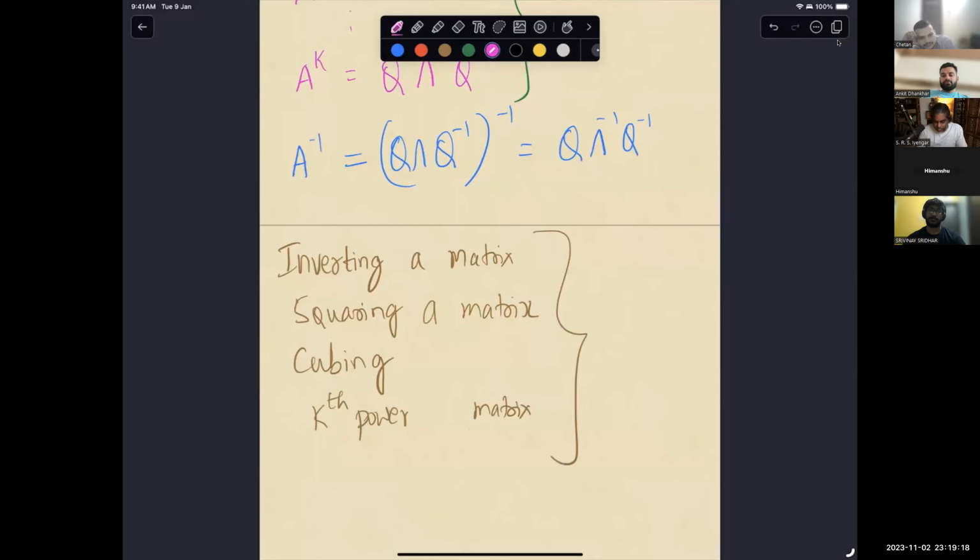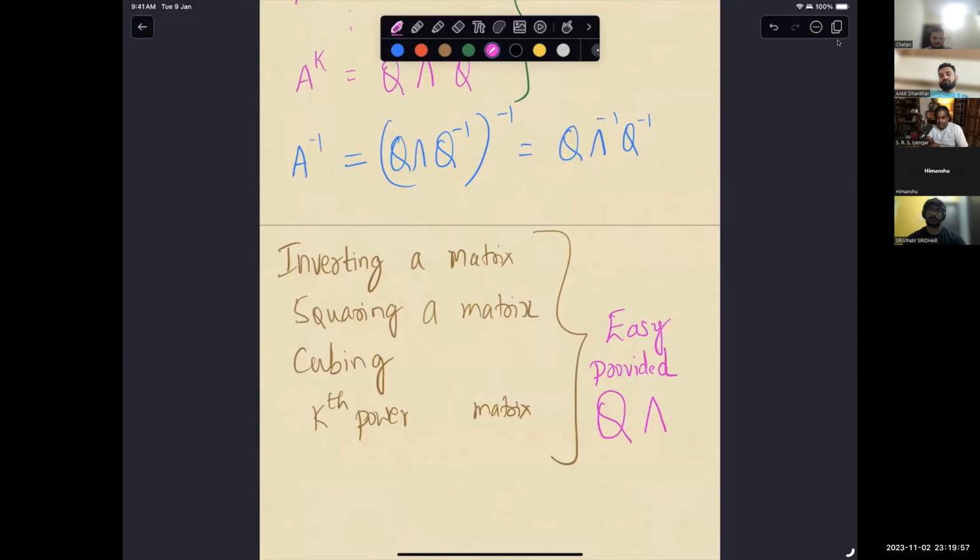All this is easy provided we have Q. You have computed the eigenvectors and eigenvalues. When you have these two, then these things are very easy. Otherwise, it is not. Correct? How do we find Q and lambda is what we'll discuss today quickly.